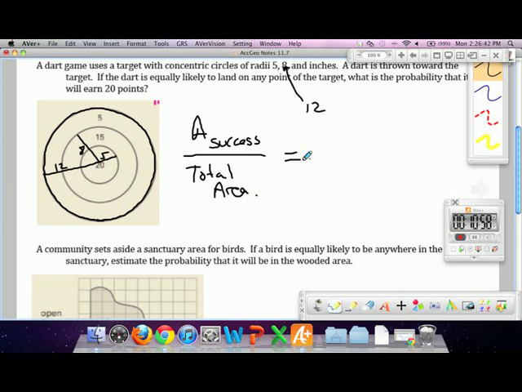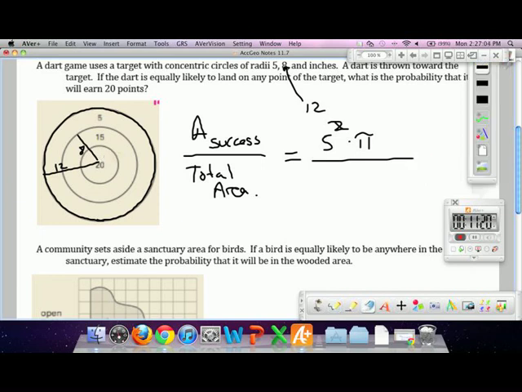It's a circle with a radius of 5. So pi times 5 squared. I could have written this a little bit better.